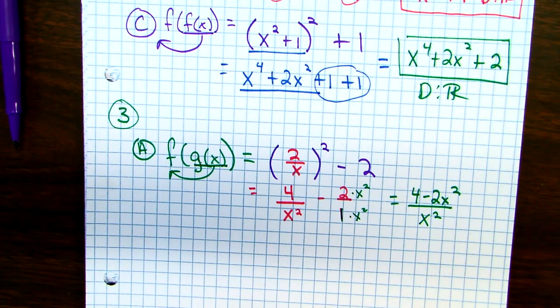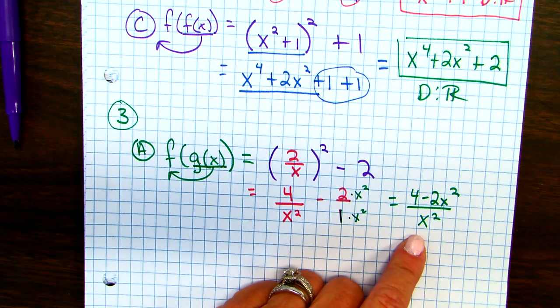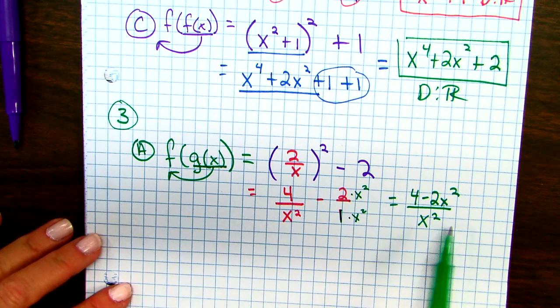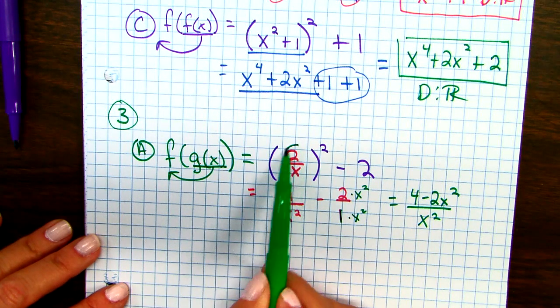Now, this problem right here, my answer, what can x not be? There's only one number x can't be, 0, right? It can be a negative number, because if you square a negative number, it becomes positive. But don't forget, before we wrote it like this, there was a plug-in.